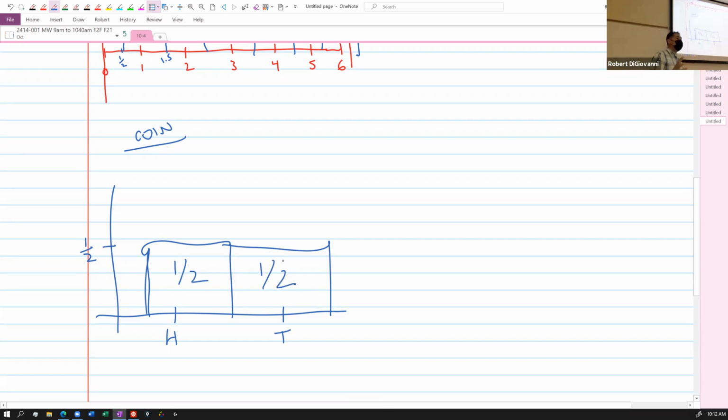Okay, and that works for anything where you have a discrete variable. So what would be another discrete variable? What can you think of? How about the number of siblings you have? That would be a discrete random variable. You're either going to tell me 0, or 1, or 2, or 3.